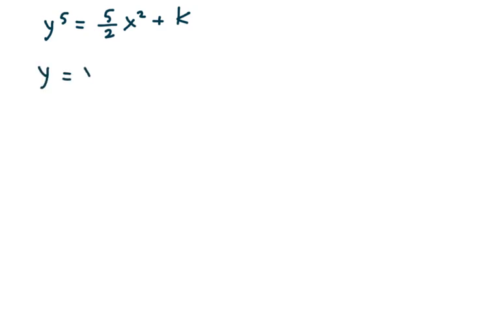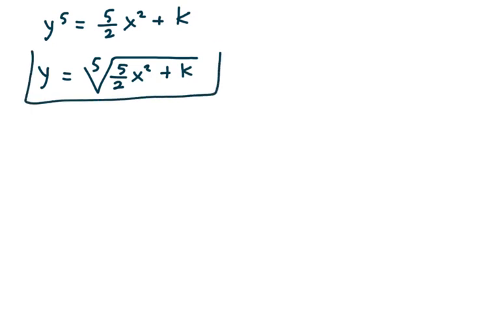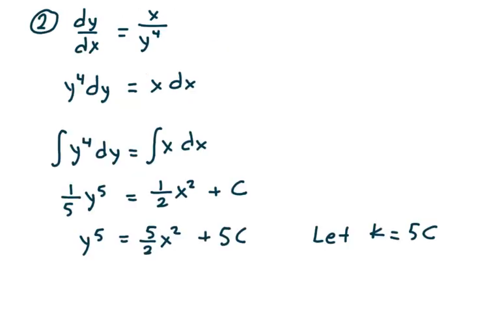So y is the 5th root of 5/2 x squared plus k. Now, if you look back at the original problem, y equals 0 is not a solution to this differential equation, right? Because we can't divide by 0, so it doesn't work for problem 2.